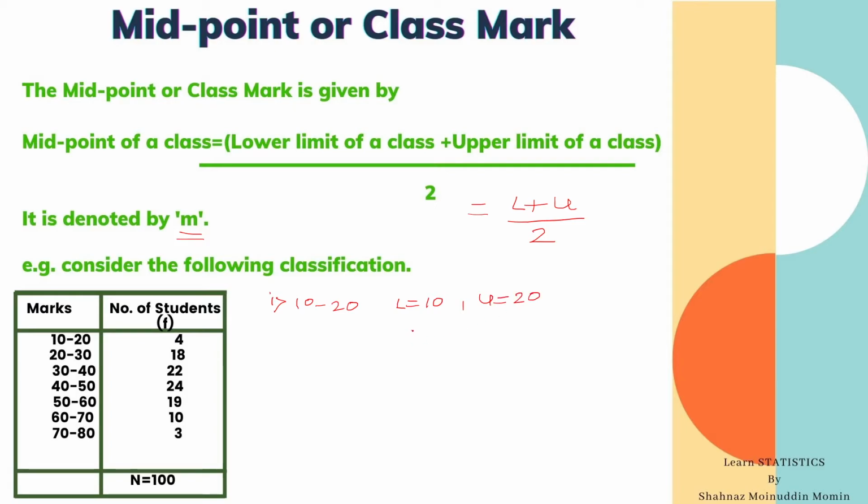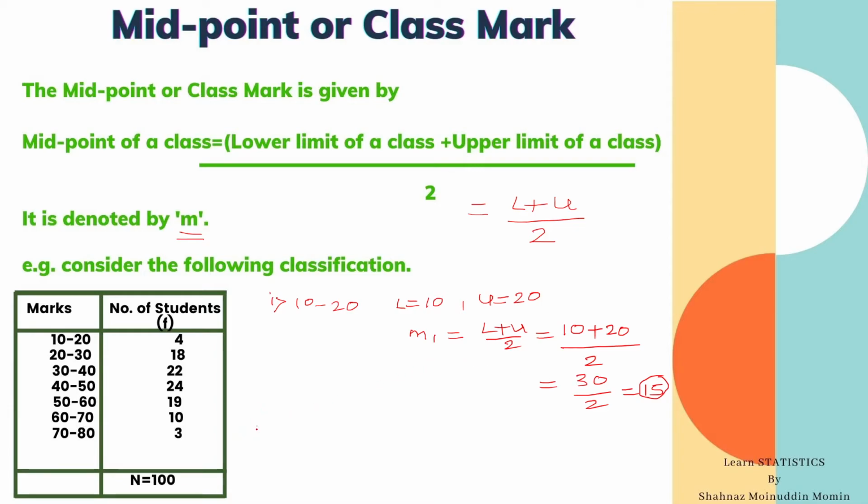So calculate the first midpoint m1 as (L plus U) by 2, that is 10 plus 20 divided by 2, and it comes out to be 15. 15 is the midpoint or class mark of the first class.